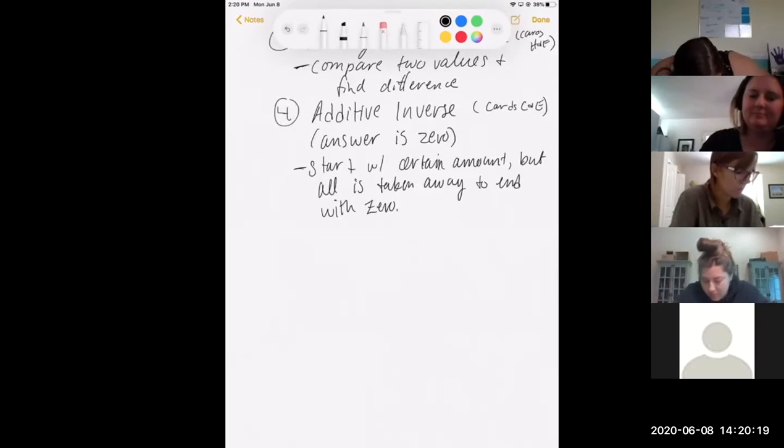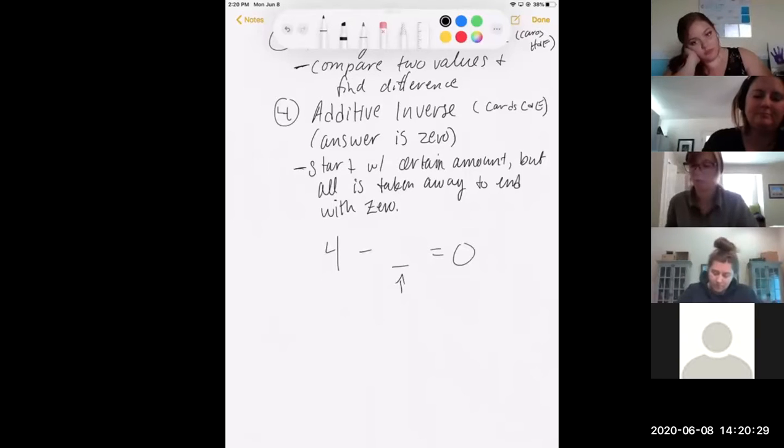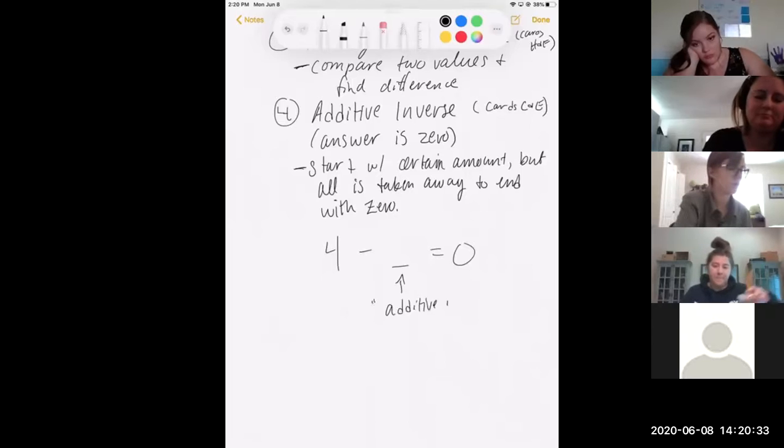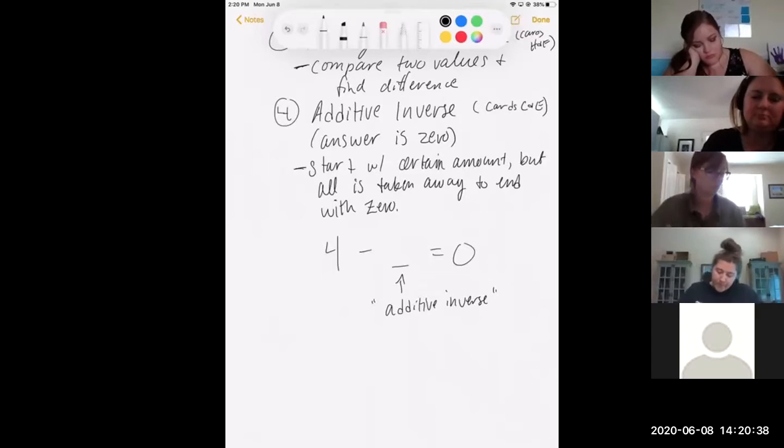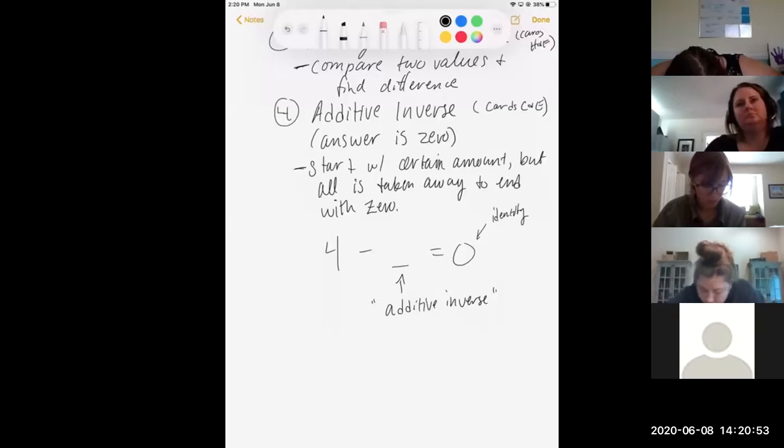So it could be any amount. We have like 4, subtract some number to get 0. Now this number right here is special because it's called the additive inverse. It's the number that you take away to get 0, which gives you the identity. The identity is something that you operate on with addition, and it doesn't change the value.